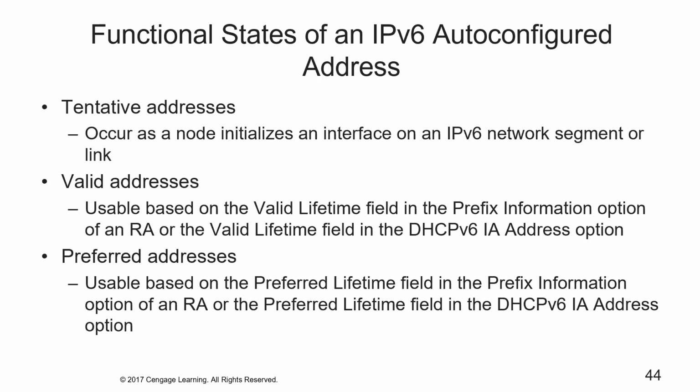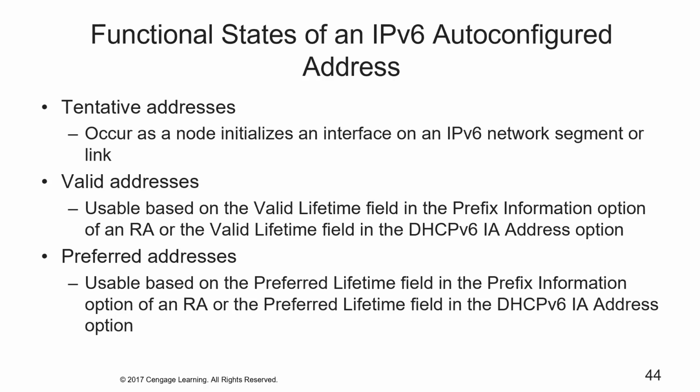So functional states are considered tentative, preferred, or deprecated in terms of an IPv6 auto-configured address. Tentative addresses occur as a node initializes an interface on an IPv6 network segment or link.